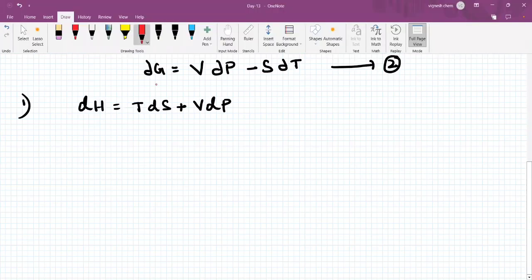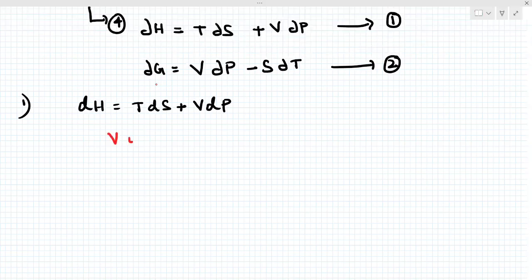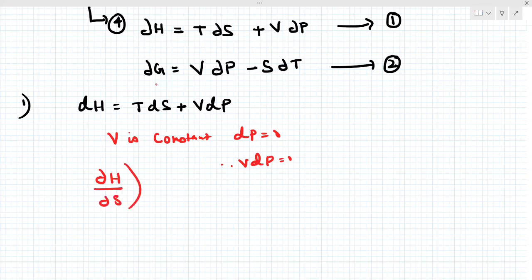See, in this equation now, pressure is constant. It means dP is equal to 0, it means the VdP is equal to 0, right? Therefore, equation becomes dH equal to TdS.